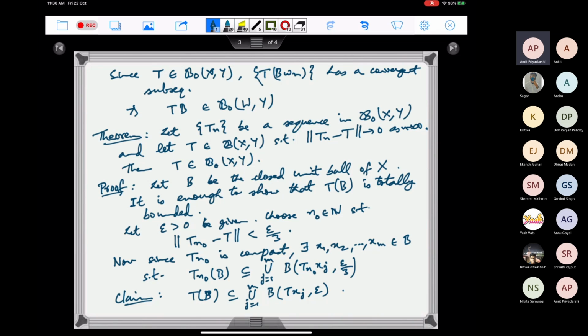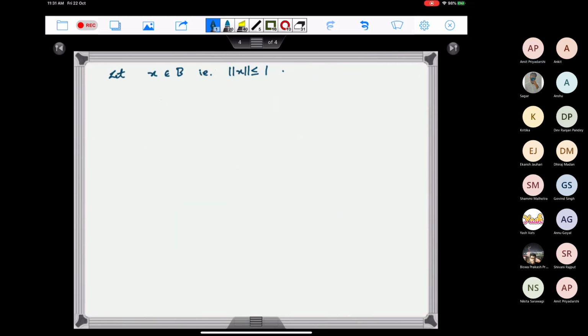So therefore, we can find some j between 1 and m such that the norm of T_{n0} of xj minus T_{n0} of x is less than epsilon by 3.